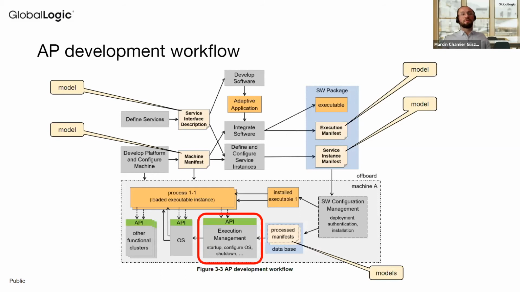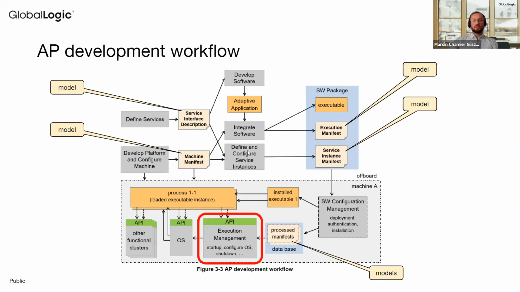So how will development look using the adaptive platform? We have to define the services. Each adaptive application is defined by a package consisting of executable program and manifest files. We have the service interface description, the ARA XML, where we describe our interfaces. Based on it, we can already develop our application and describe the configuration for our application.